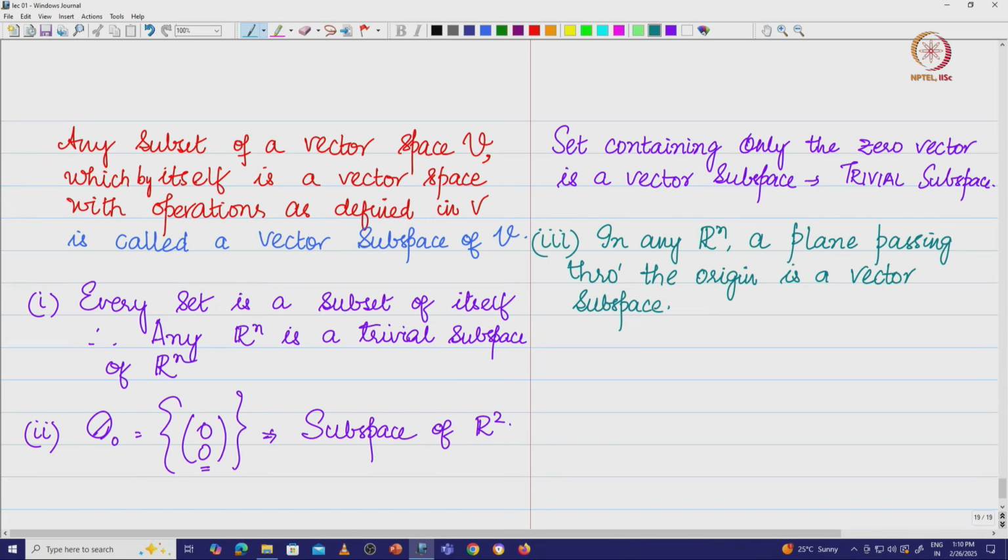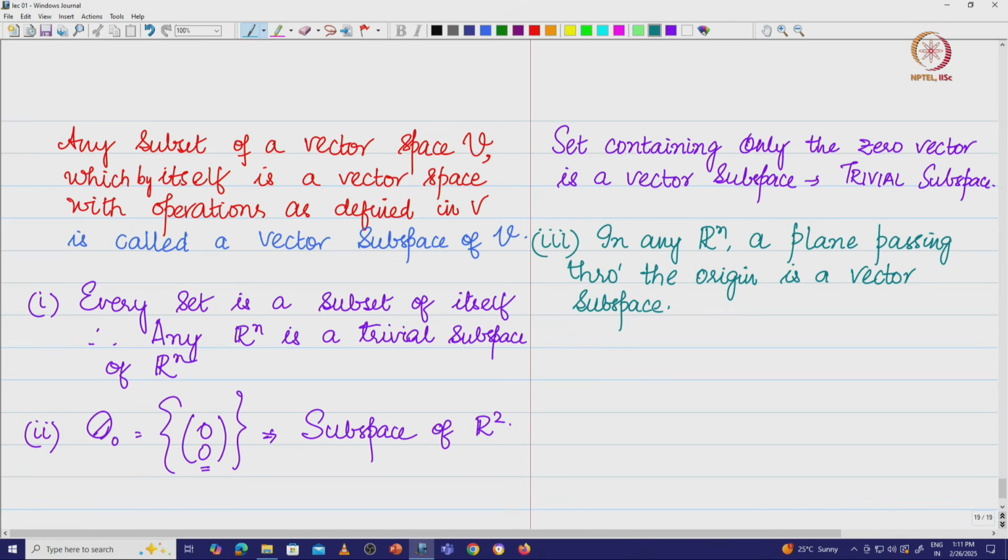I want to partition these integers into the set of odd integers and the set of those which are not odd, the even ones. Basically these subsets or subspaces help you to partition your vector space. We will see that when you do linear transformations, what are all the subspaces associated with the linear transformation, and so on, which is very essential as far as machine learning is concerned. We will look at all that.